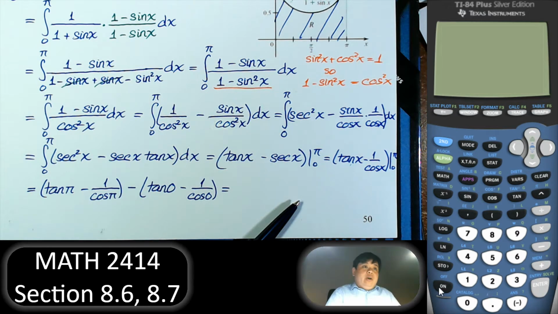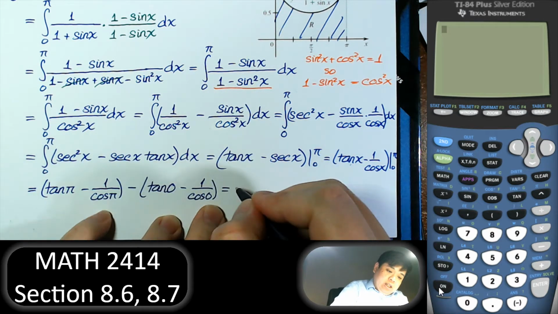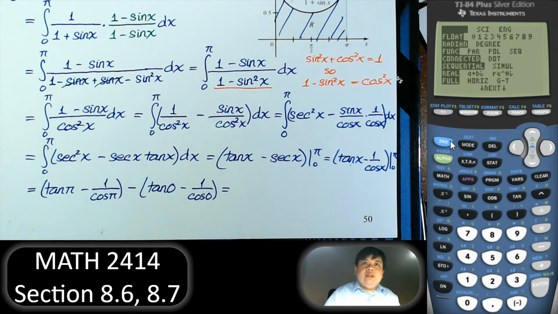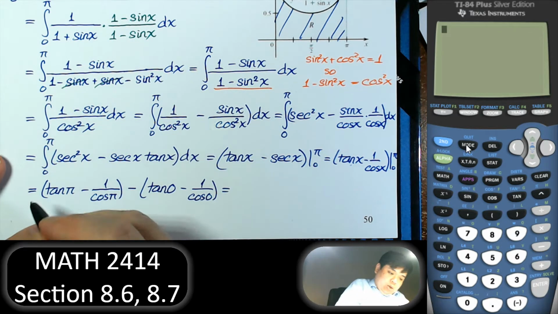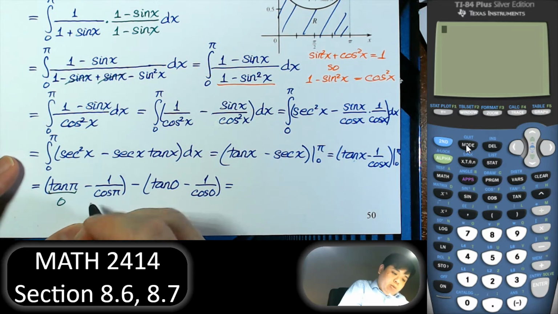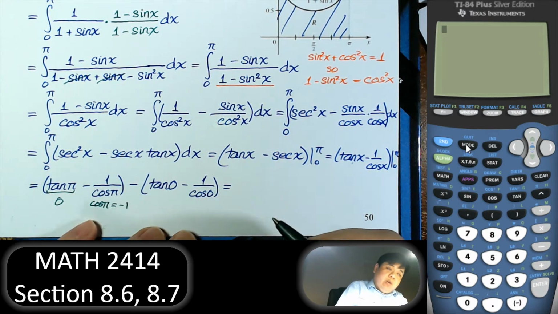Tangent of 0 and tangent of pi, y over x, y is 0, so that's going to be 0. Cosine of pi is -1, and cosine of 0 is 1.